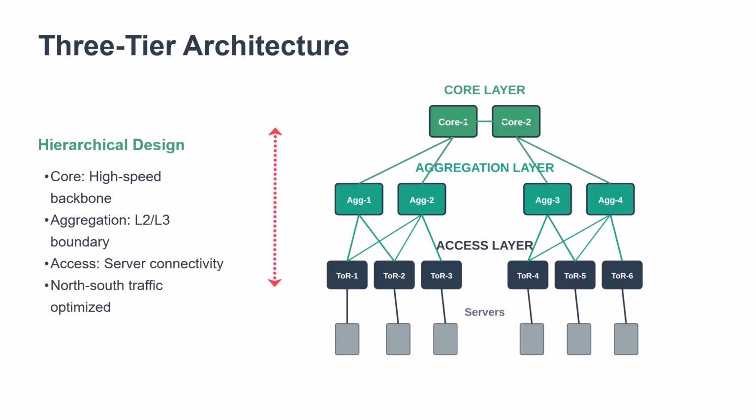This design emerged in the 1990s and 2000s when data centers were primarily focused on north-south traffic. That's traffic flowing between users outside the data center and servers inside the data center. Each tier has a specific role, and understanding these roles is crucial for the Juniper Data Center exam.